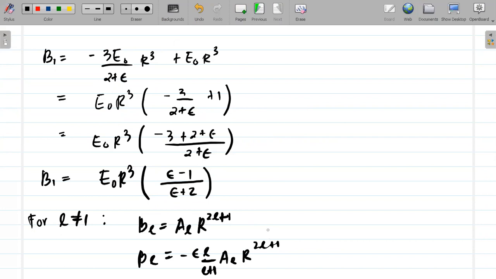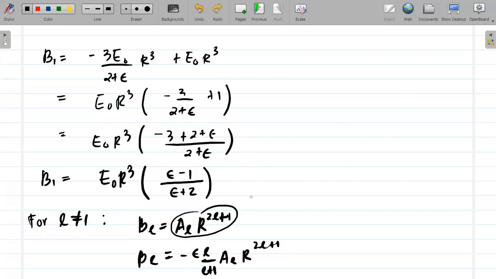Class, sige, by inspection na lang to. Saan pwede ma-satisfy itong dalawang condition na to? So, bale dapat ito equal dito.